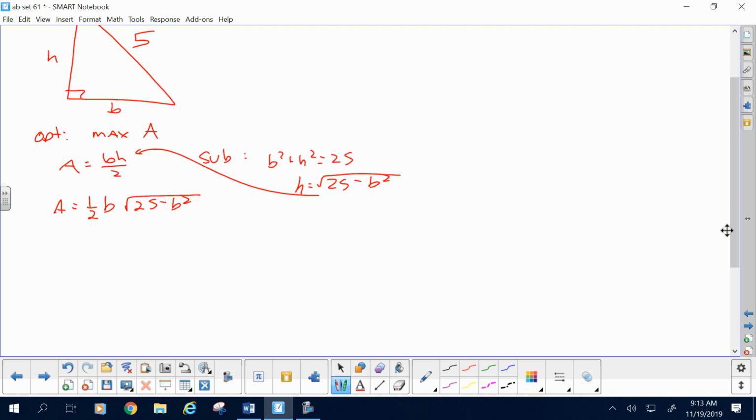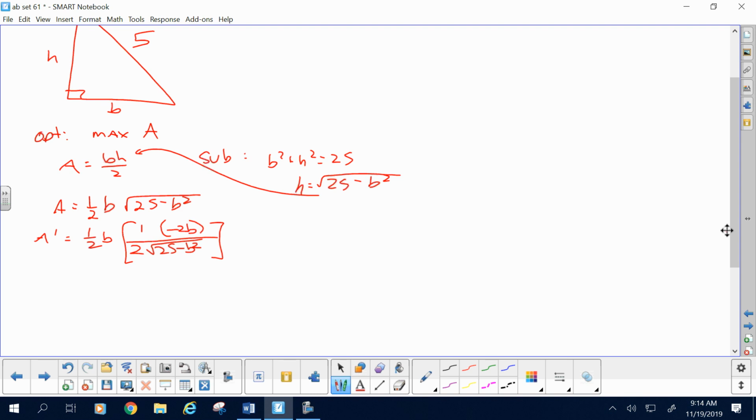Was the problem the calculus? All right, check your derivative. What is your derivative? Product rule. Chain and chain. 1/2 b. First stays the same, and the derivative of the second is 1/2 times that to the negative 1/2 times negative 2b. Okay?